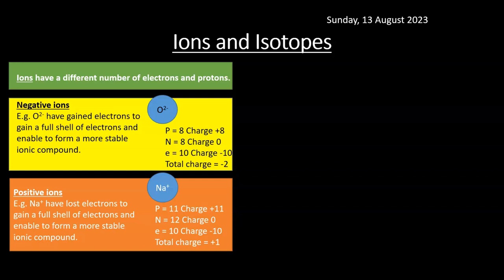The number of protons is the atomic number Z. The number of neutrons is the mass number A minus the atomic number Z. The number of electrons is equal to the atomic number minus the charge. And of course, if this is a negative charge for a negative ion, then Z minus the charge makes a more positive number.